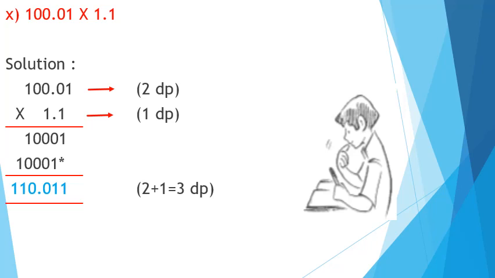And in the last step, in the product, after 110 put the decimal point and on the right side write 2 plus 1 equal to 3 decimal places. So 100.01 multiplied by 1.1 gives 110.011 as the answer.